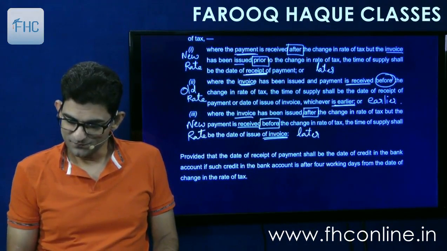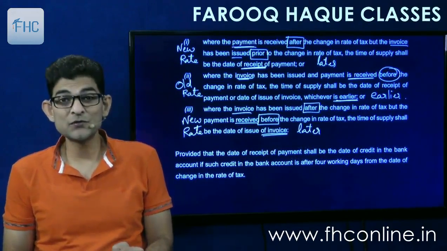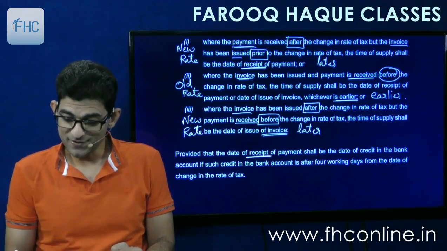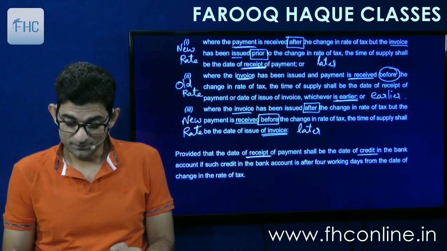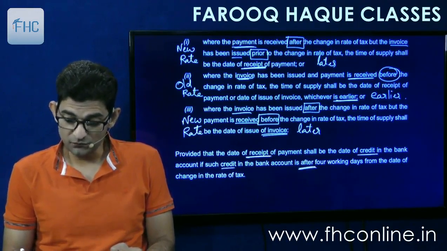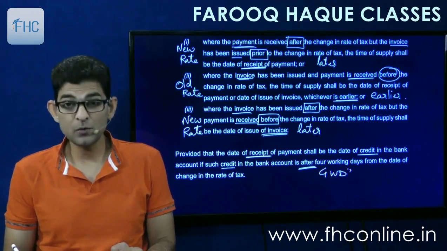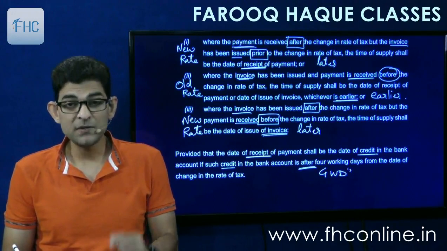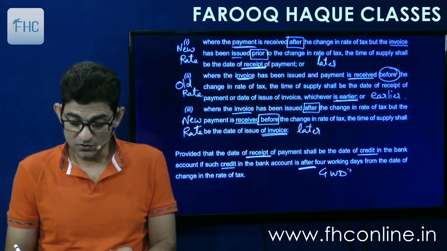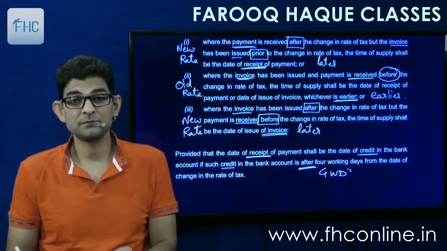Very interesting proviso, which says that the date of receipt of payment shall be the date of credit in the bank account if such credit in the bank account is after 4 working days. 4 WDs. 4 working days means excluding holidays, if any, from the date of change in the rate of tax.